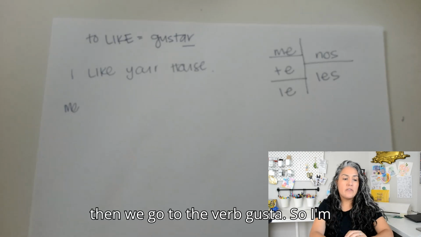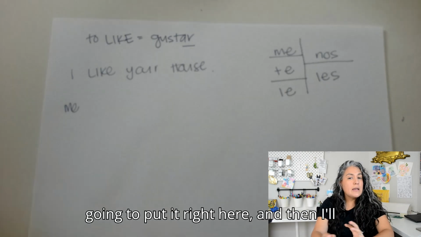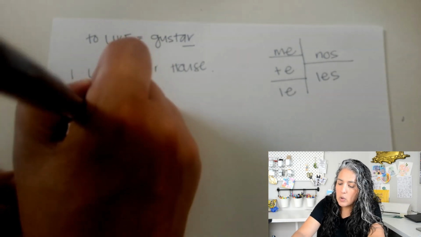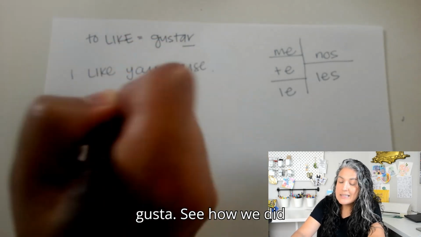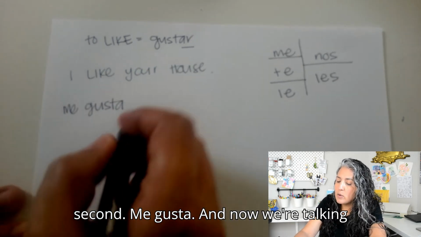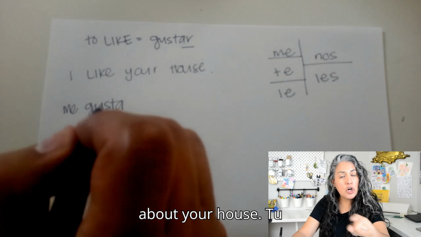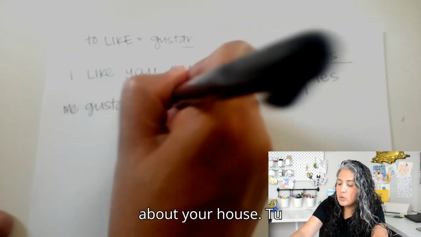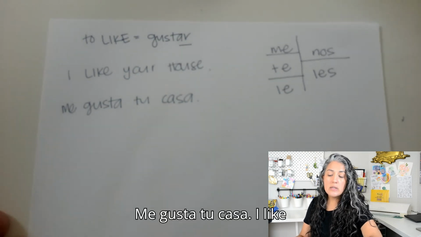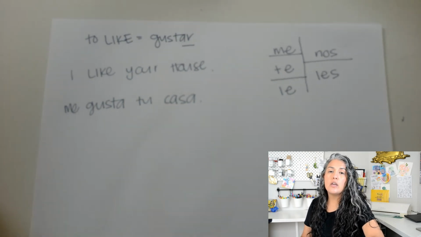And then we go to the verb gustar. So I'm going to put it right here and then I'll explain it a little bit more. Me gusta. See how we did something to the verb? I'll explain in a second. Me gusta, and now we're talking about your house. Tu casa. Me gusta tu casa. I like your house.